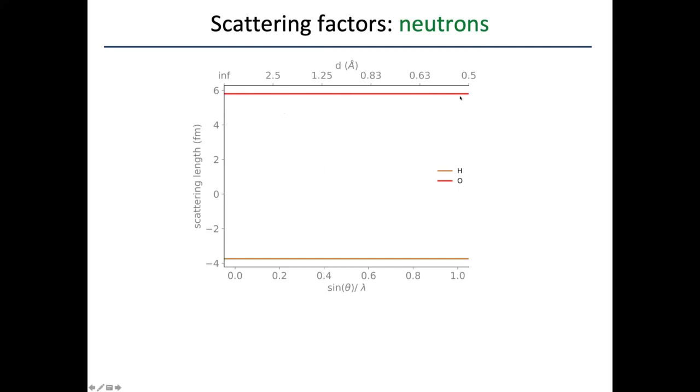So it will be exactly the same. Now, the interesting thing here is that the scattering length of hydrogen is negative. So that's different compared to X-ray. In X-ray, we only had positive values for the scattering factors. Now the scattering length can be positive and negative.